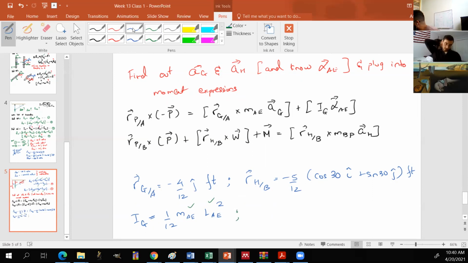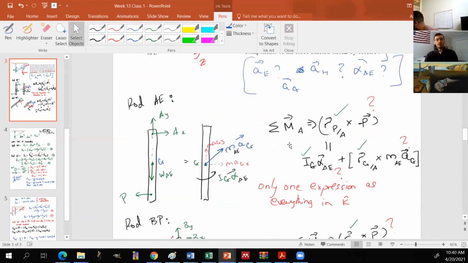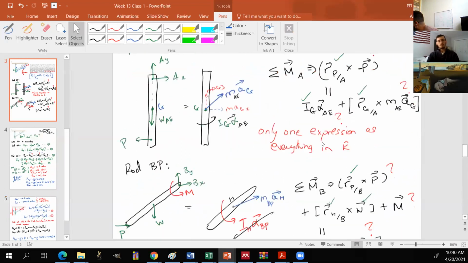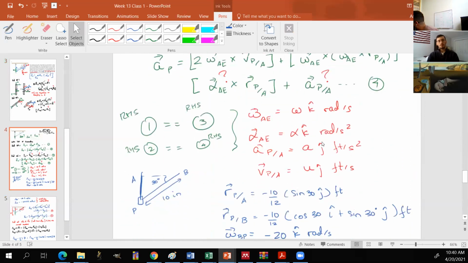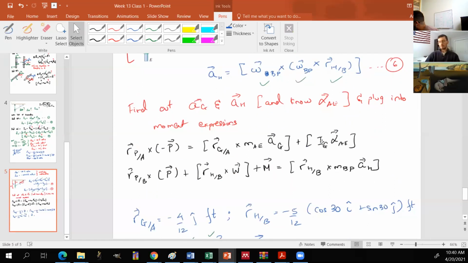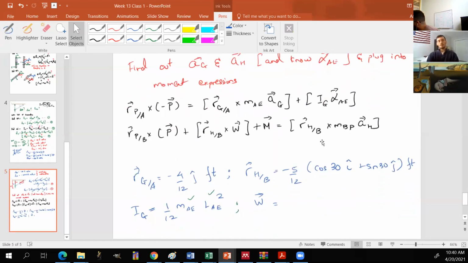Then we're told what the weight is, 2 pounds for this rod BP, which is the one we're worried about, so that's 2 downwards, equal to minus 2 j hat pounds.